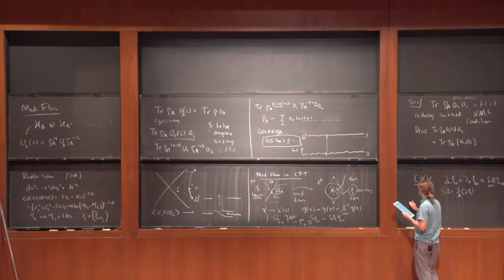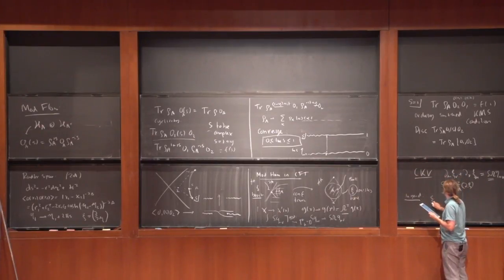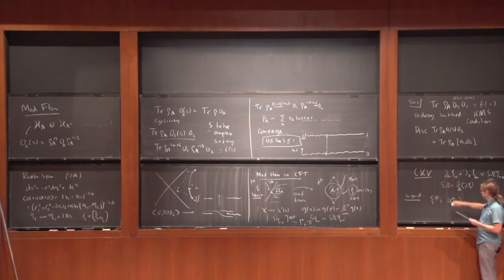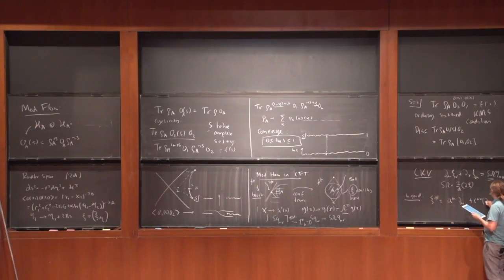And in general dimensions, you find the following solutions. There are various parameters that go into the solutions to this. You can have translations, which are parameterized by A. You can have rotations, which are parameterized by R mu nu.